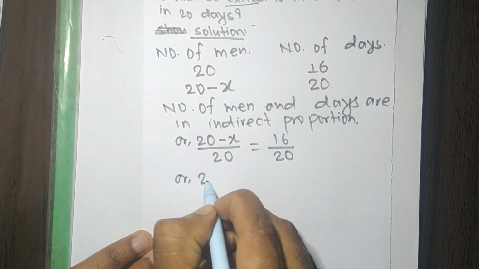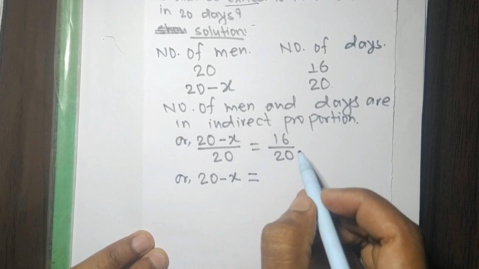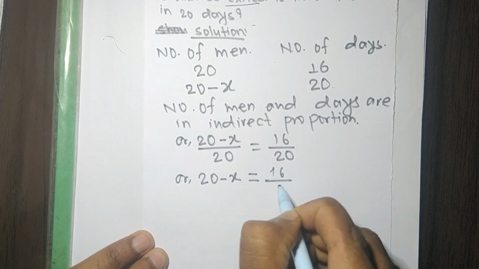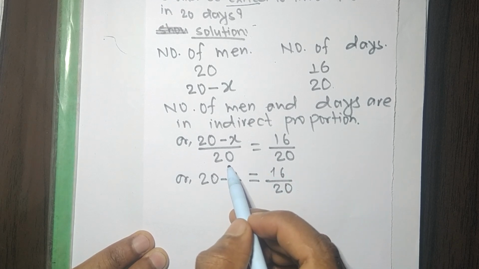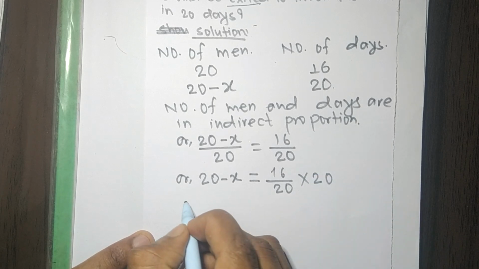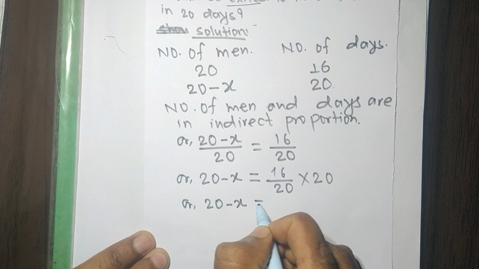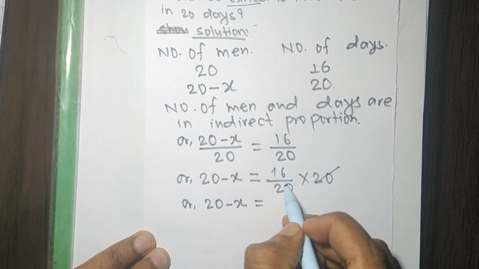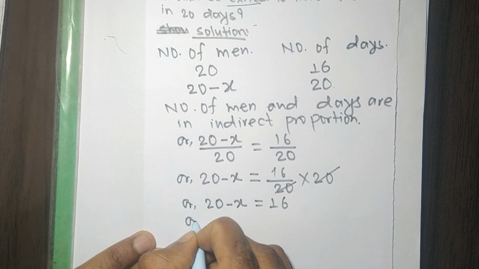So now we can write 20 minus x is equal to 16 by 20. This 20 in divide, moving to the opposite side, becomes multiply. So 20 minus x is equal to, 20 cancels, we have here 16.